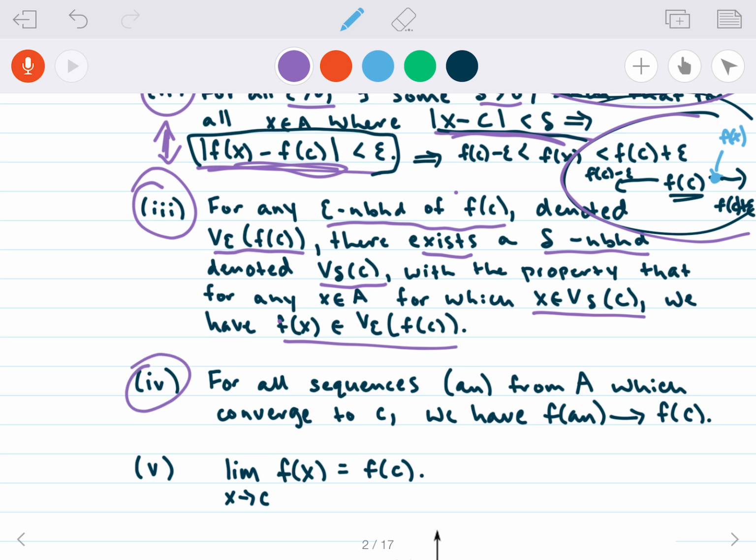The next one is similar to our sequential characterization of functional limits.